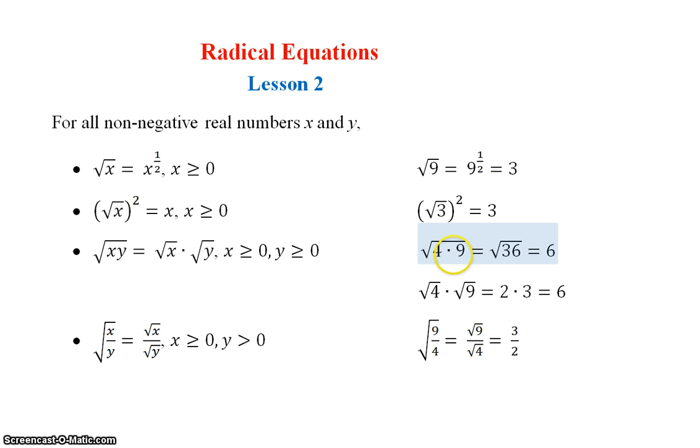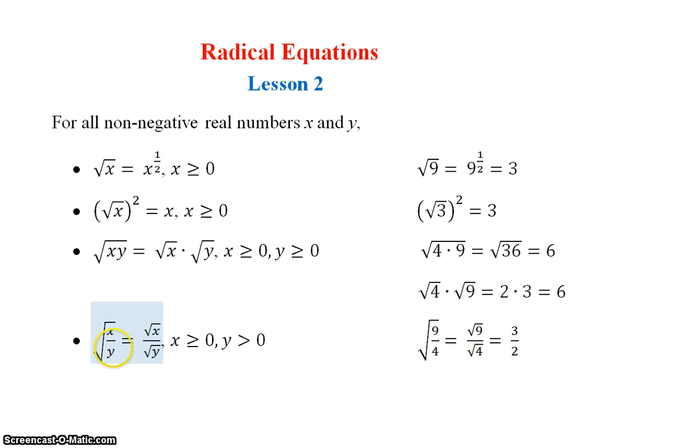We can multiply 4 and 9, the result is 36, and square root of 36 is 6. But we also can do it this way. Square root of 4 times 9 equals square root of 4 times square root of 9. Square root of 4 is 2, square root of 9 is 3, and 2 times 3 is 6.